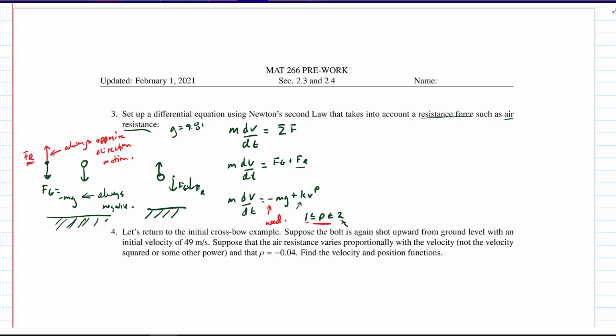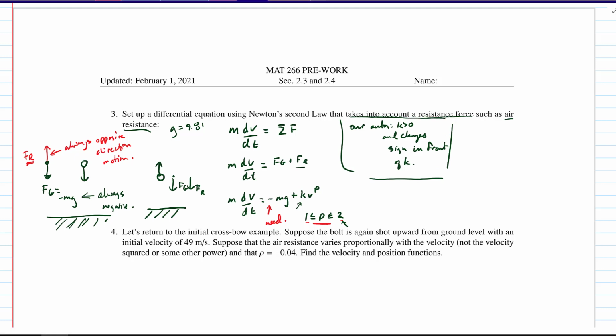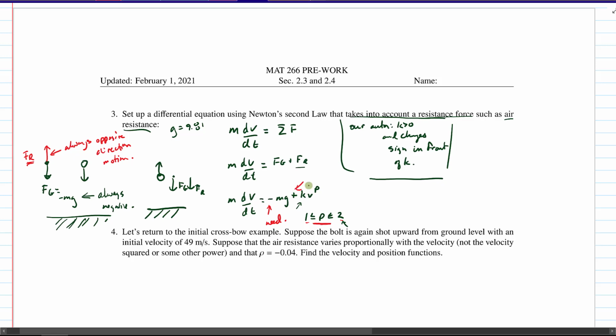Okay, so our author says k is always greater than 0, and then changes the sign in front of k. And that's a perfectly fine thing to do, and I see his rationale for it, but I find that a little bit hard to keep track of. So I would rather always put a plus sign there, and then I'm not going to impose the condition that k is positive.